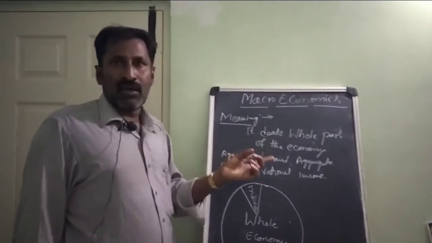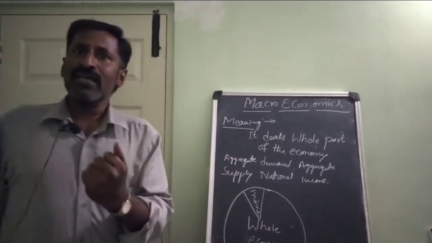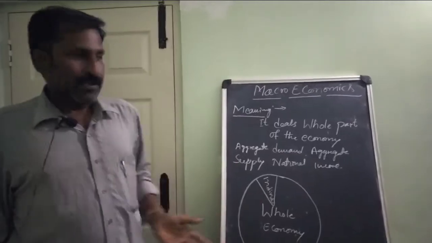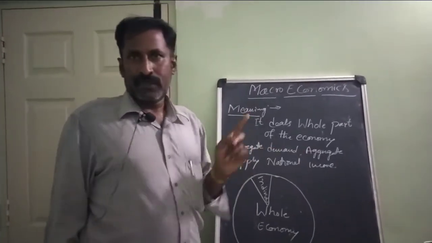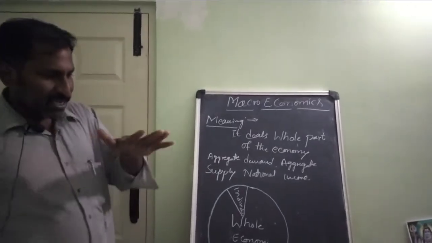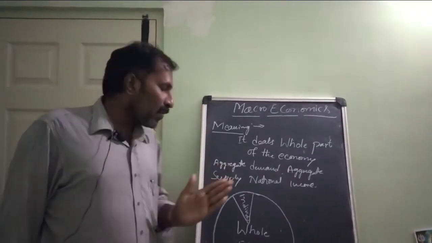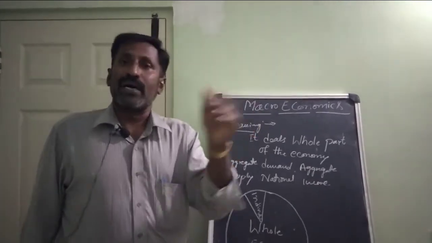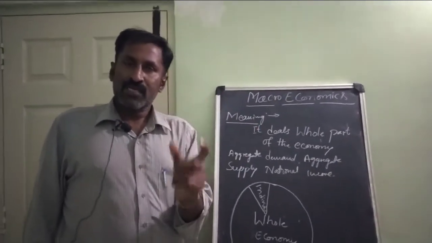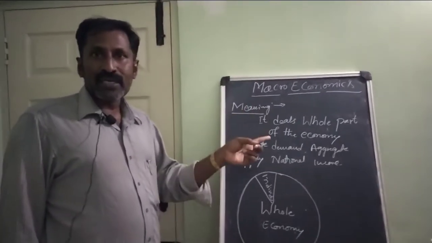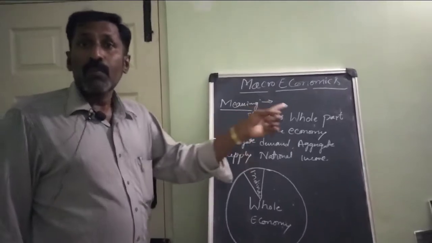That is the demand. Similarly, aggregate supply means different industries, firms or sellers supplying different quantities to the market at a time.